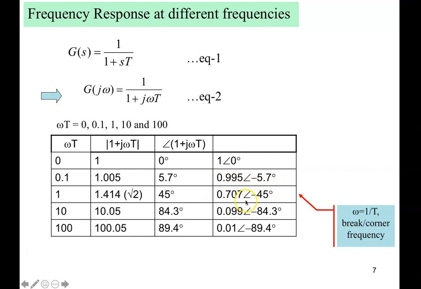When the frequency equals 1, the magnitude is 0.707 and the phase angle is minus 45. And so on. All of that, the magnitude and the phase angle, is known as the AC gain.